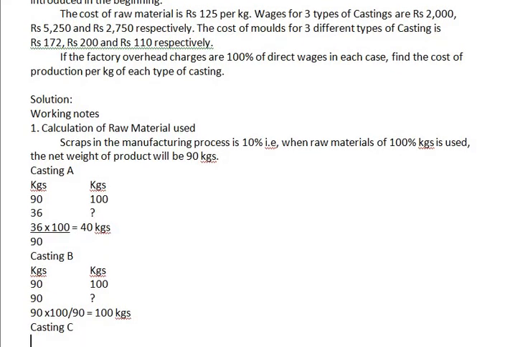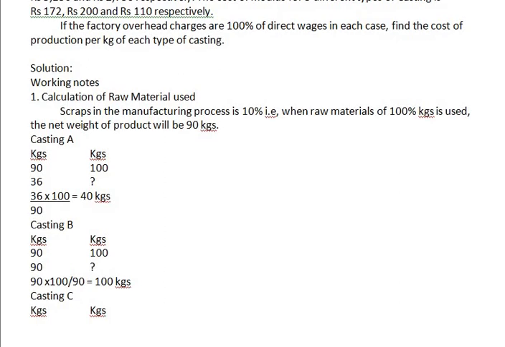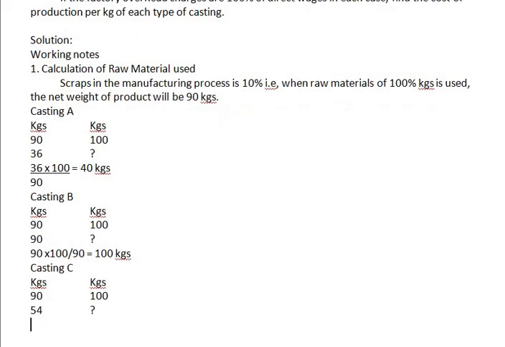Now for calculating casting C, this is 90 and this is 100. When it is 54 kgs, what will it be?